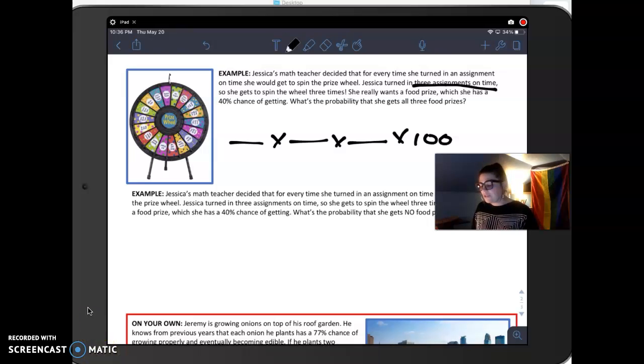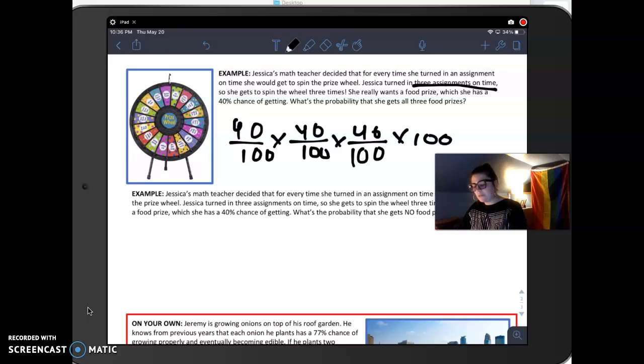The first way that you can do it is by saying, okay, 40%, that means 40 out of 100. 40 out of 100, 40 out of 100, and then you multiply by 100 to turn it into a percent.